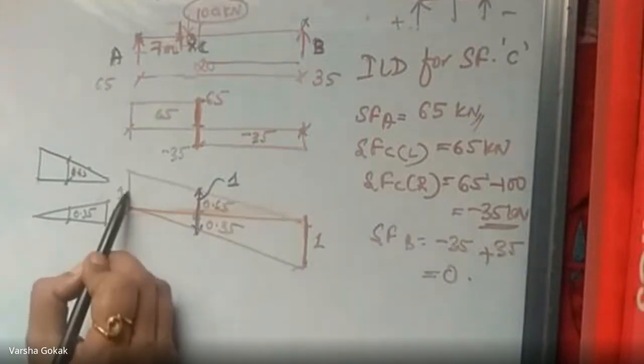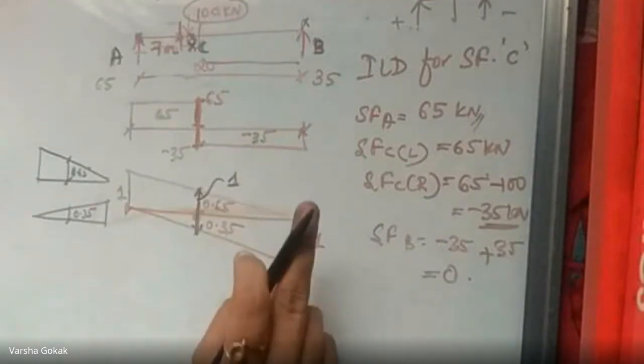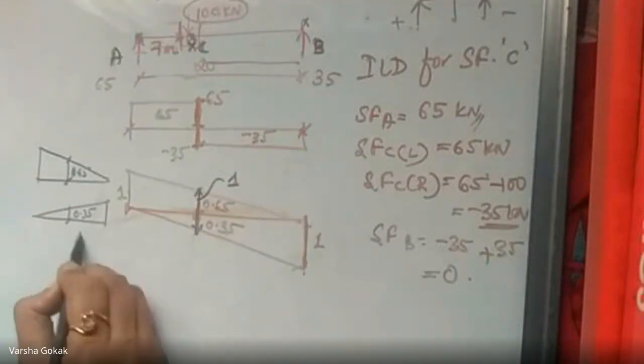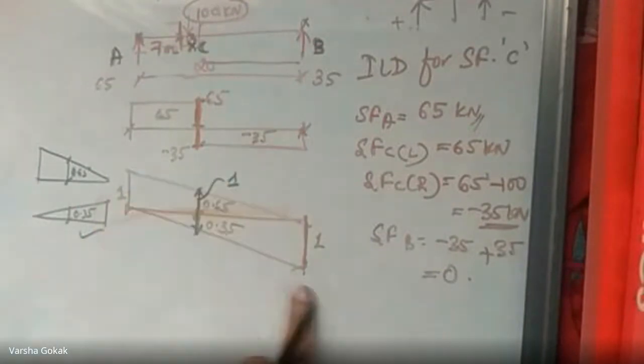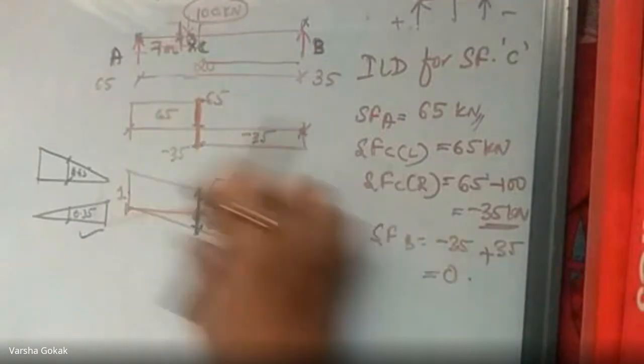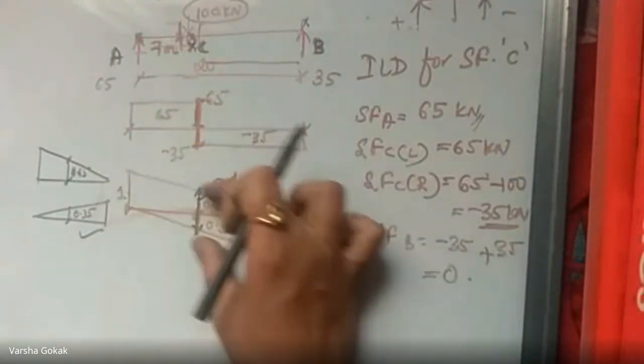The top one is ILD at A, the bottom one is ILD at B. I drew ILD at B like this because I was drawing it individually. But in reality, it is going to be negative only. We are aware of this from the basics of SOM. It is going to be like this. So this is the one which is transferring 1 Newton or 1 unit load, which is moving like this.